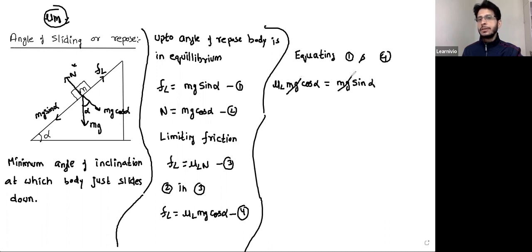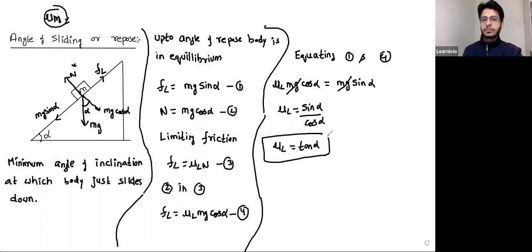So mg will cancel. Sin alpha by cos alpha, which is tan alpha basically. So this is another important result, that if you have angle of repose or angle of sliding, then coefficient of friction is tangent of angle of repose or angle of sliding here.